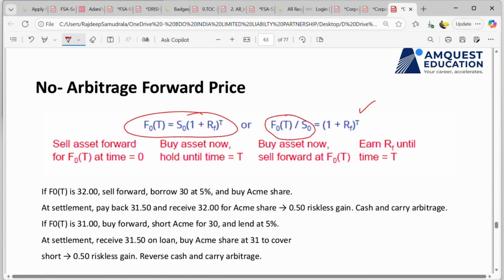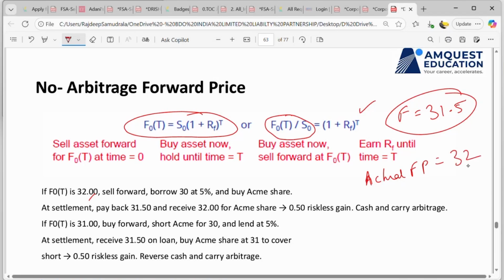Now, they've given the explanation of what I just explained earlier. Forward is 32. So if you look at this forward example, you know that the forward price should be equal to 31.5, which I showed you on the earlier slide. Correct? Now you will go and check that this should have been my forward price, 31.5. But what is the actual forward price in the market?